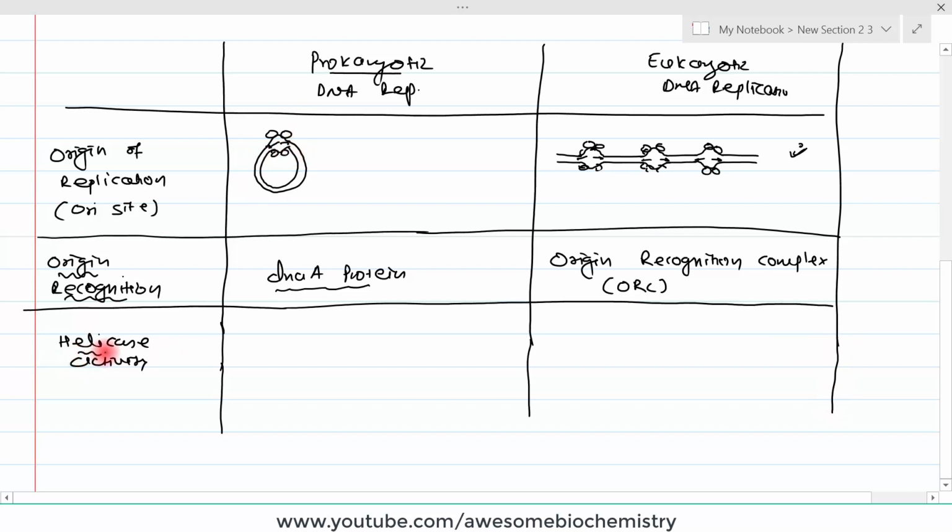So once helicase activity occurs, this replication bubble expands. In prokaryotes, this helicase activity is attributed to the DnaB protein, or you can also call it the helicase of prokaryotes. Whereas in eukaryotes, this expansion of the replication bubble, or unzipping of this double-stranded helical DNA structure, is carried out by the mini chromosome maintenance protein.